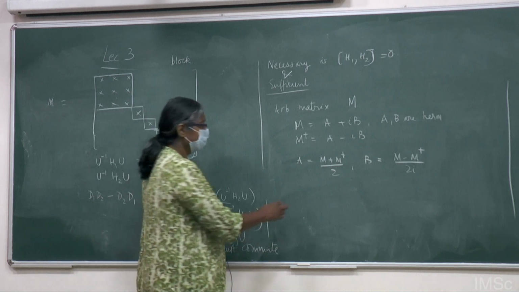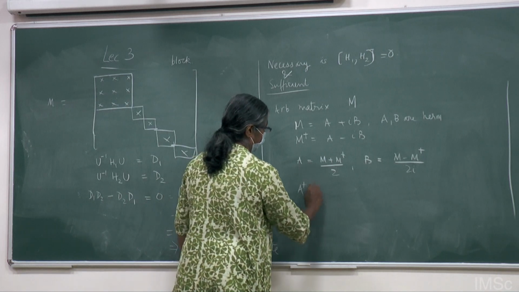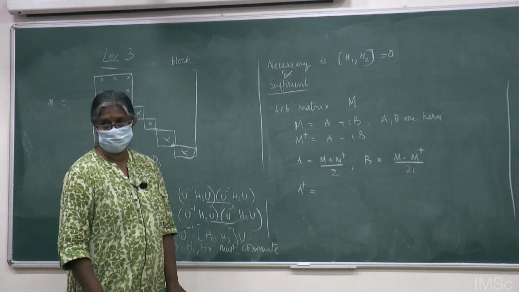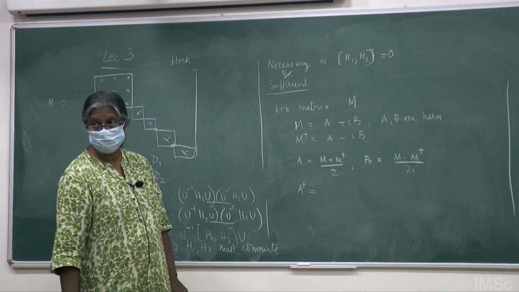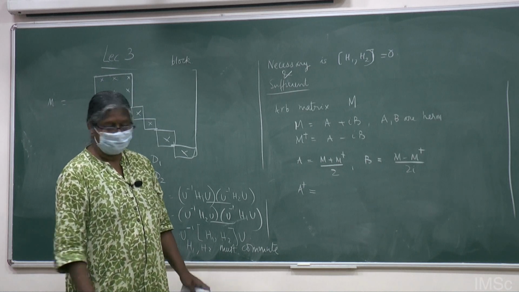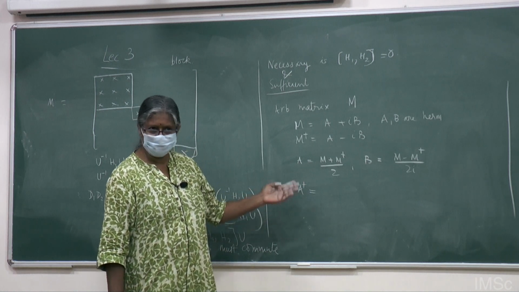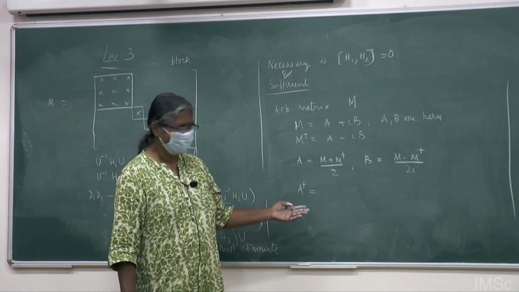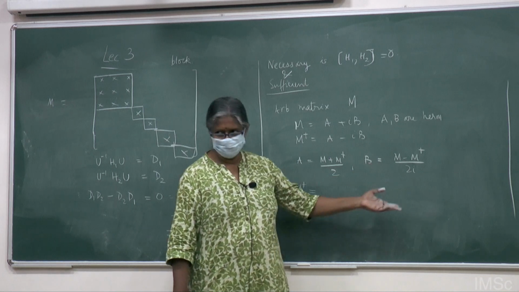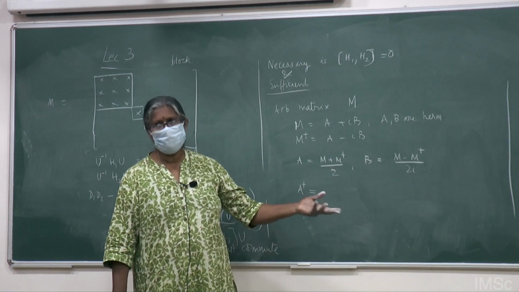What is A dagger? A dagger is A, so it's a Hermitian matrix. And what is B dagger? It's B. So both A and B are Hermitian matrices.